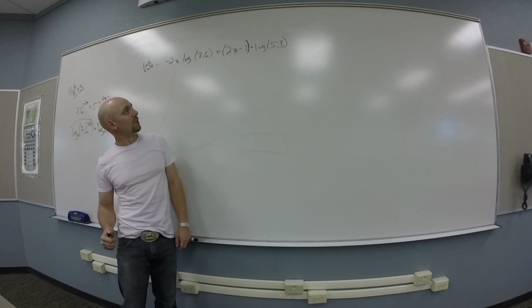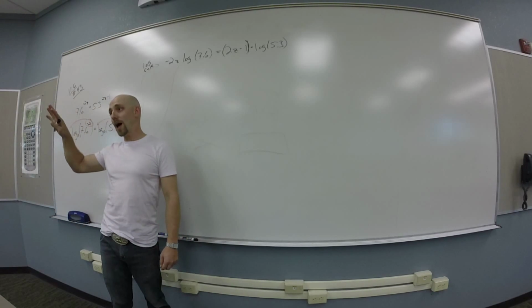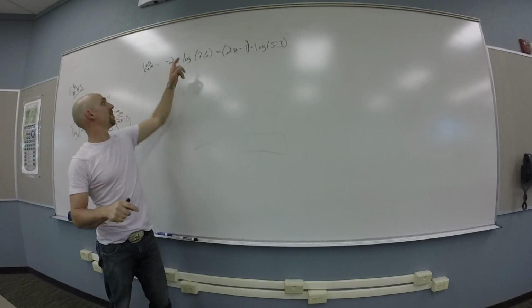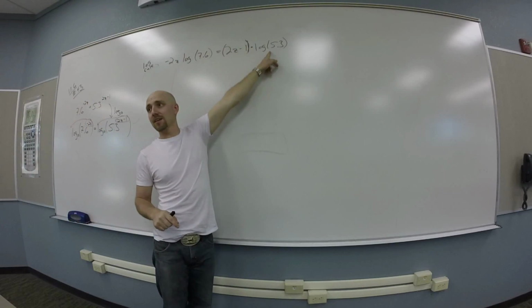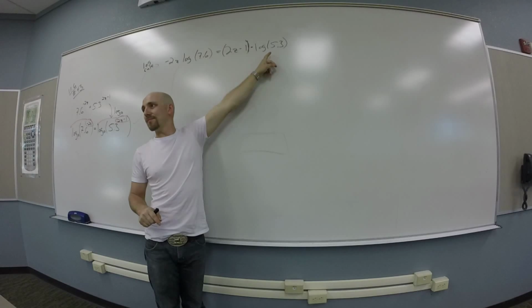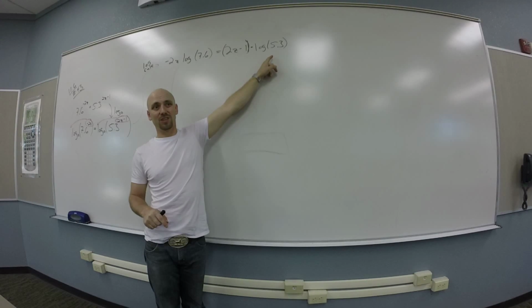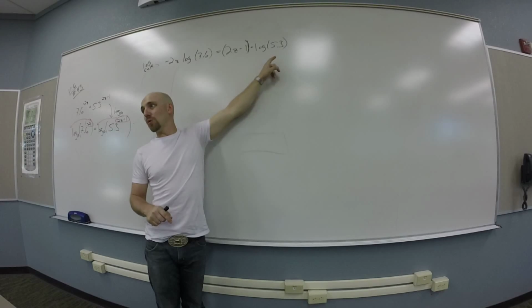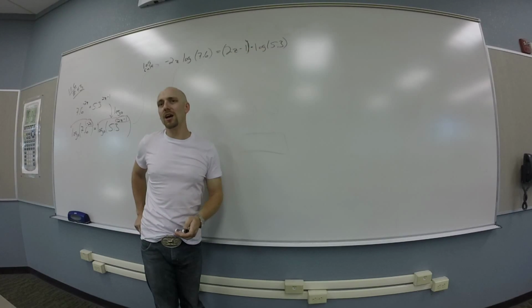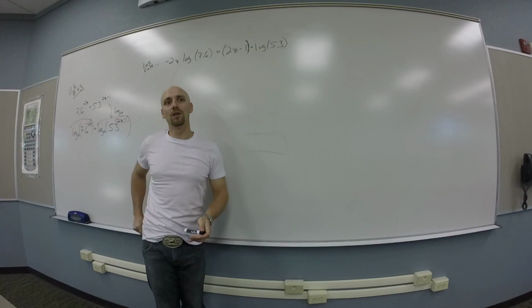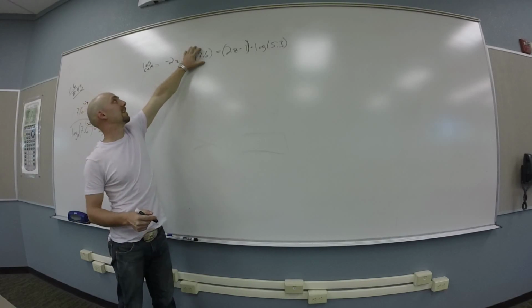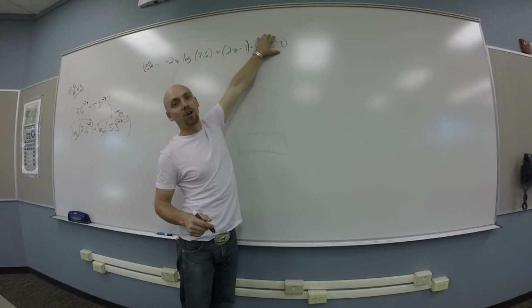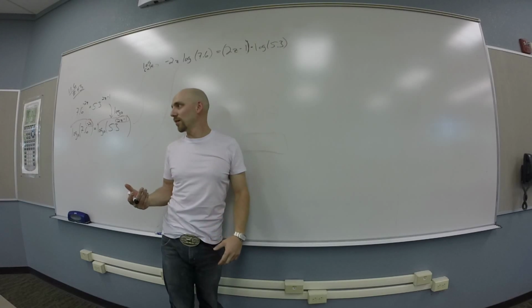Okay, so once I'm here, I want to remind you that this thing and this thing are not nice, but they are just numbers, right? So what I want you to think about is, what if they were just a number? Like if I just put 7 here and 12 there, what would I do?